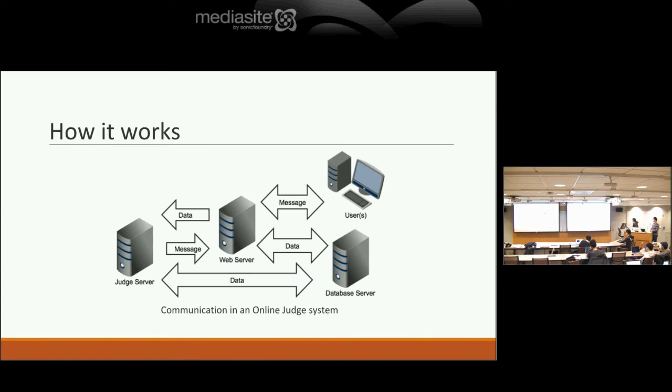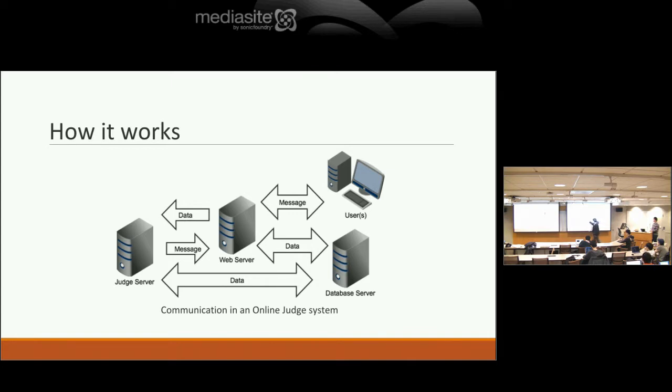This is a diagram for the data and message communication. The message here refers to HTTP messages. This system has, I think, a complex communication pattern. The user sends HTTP messages to the web server, and the web server returns responses.